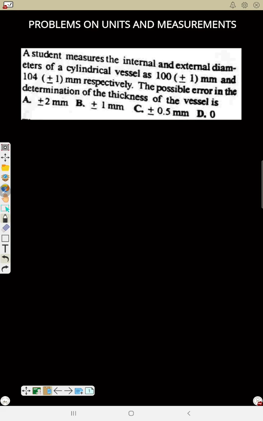So we have given the internal diameter. Let me call that one D1. So internal diameter D1 is equal to 100 plus or minus 1 millimeter, and external diameter, let me call that one D2, is 104 plus or minus 1 millimeter.